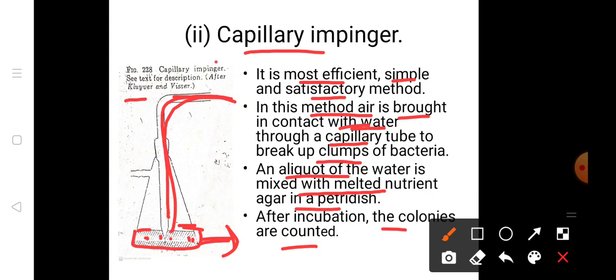Whereas in the capillary impinger, this is the device: air comes through the capillary tube and is impinged onto distilled water. From this water we take the aliquots and the counts are made.